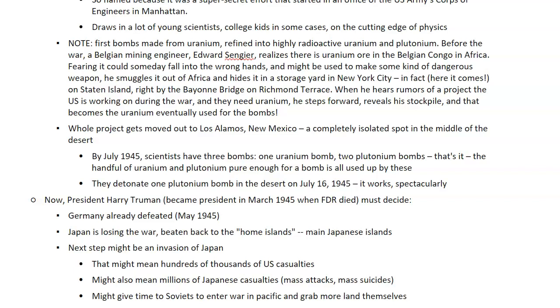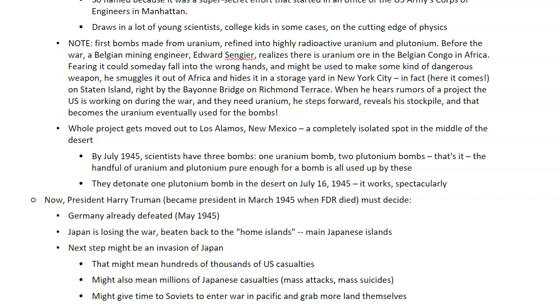When he starts to hear that there are American government guys sniffing around, physicists and miners looking for uranium to see if there's any around, he steps forward and says, I have a whole load of it, and turns it over, gives it to the American government. By this time the war has started, and that's actually the uranium that was used to make the atomic bombs, was stored here on Staten Island.